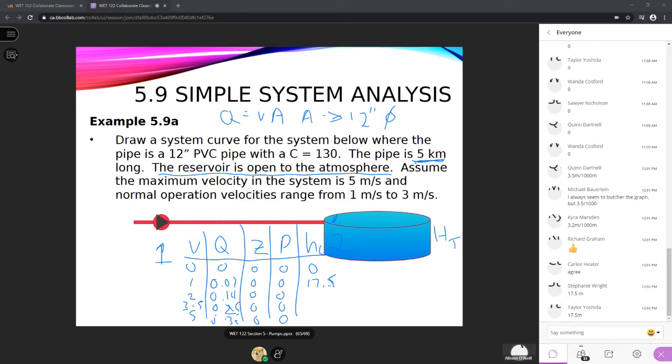You need to do that exact same process for the next 3 points.